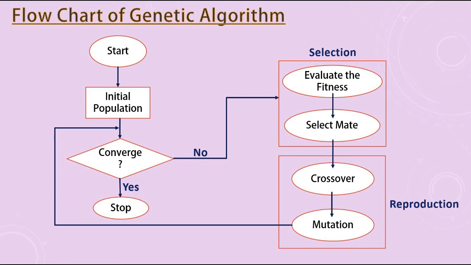First we check the convergence condition, which is nothing but the termination condition. If our solution meets the termination condition, we stop the execution of the algorithm. If it does not, we go for the selection process.